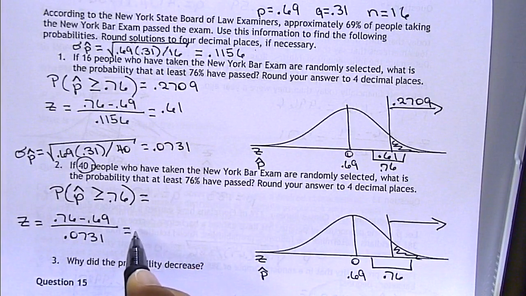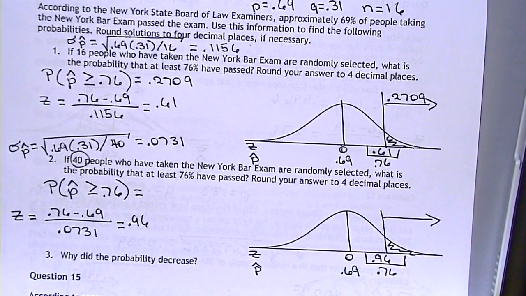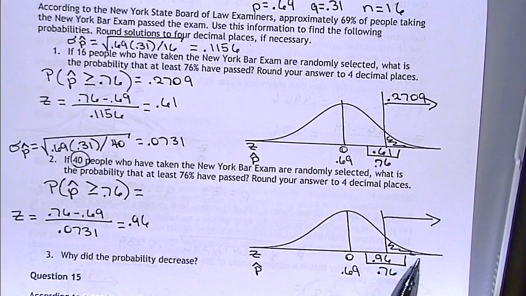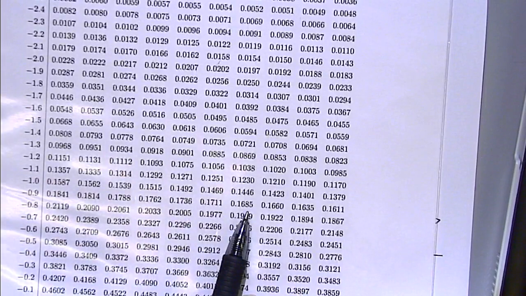So we're going to end up with a score this time of 0.96. You can't tell in the pictures that you draw, but really that's further over, isn't it? In other words, this tail area is smaller. So I'm going to have a smaller area here. When I look up a negative 0.96, because I'm taking the shortcut here, I come up with 0.1685.